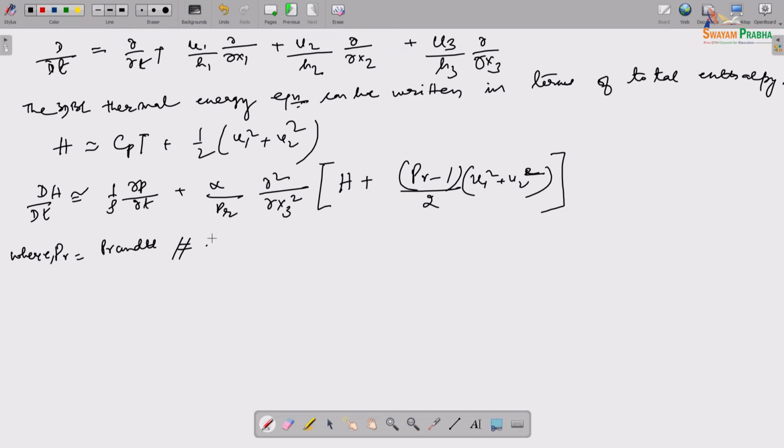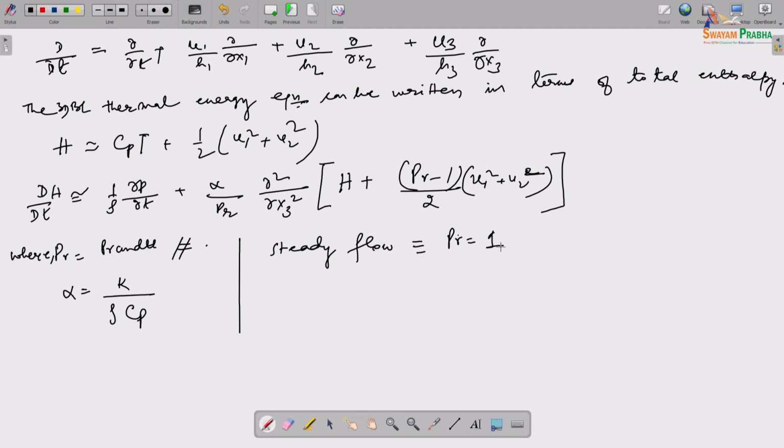So this is the Prandtl number. And alpha is equal to K by rho Cp. Now for steady flow, Prandtl number is equal to 1.